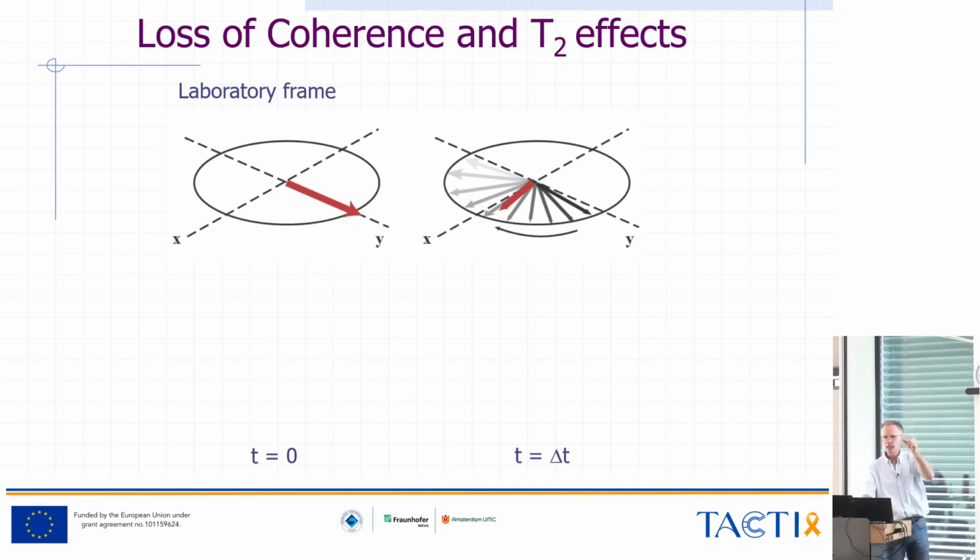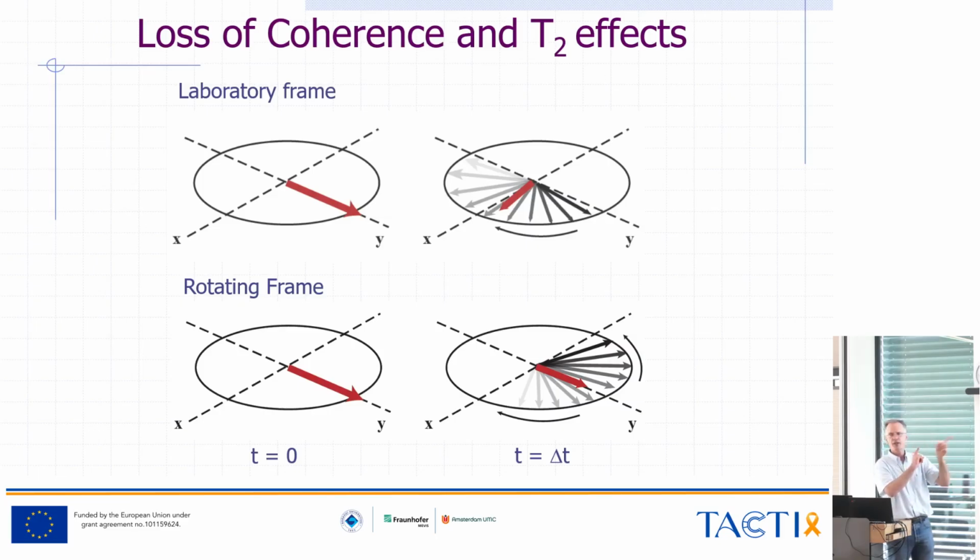The mean of our magnetization will precess, but all the individual spins will have different precession frequencies. In the rotating frame, the mean will still stay at the same position, not having any additional phase, but the individual magnetization at different locations will experience different fields, different precession frequencies.